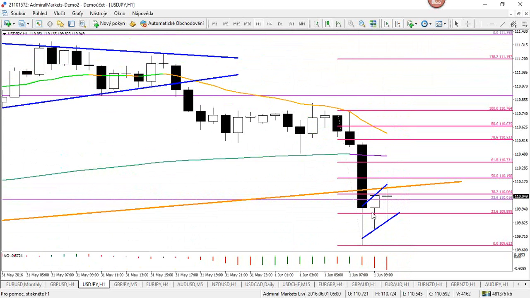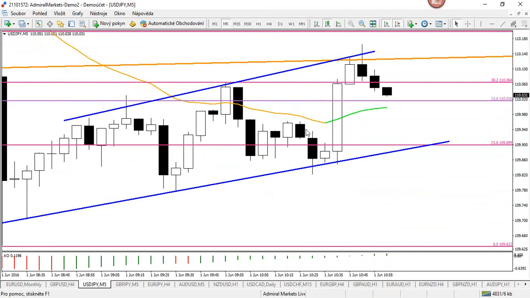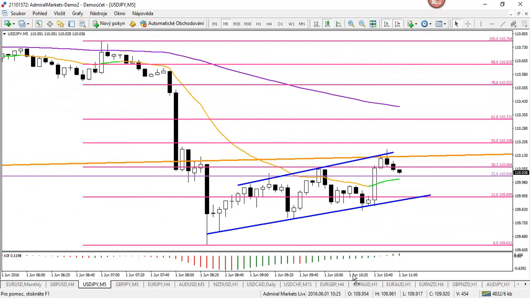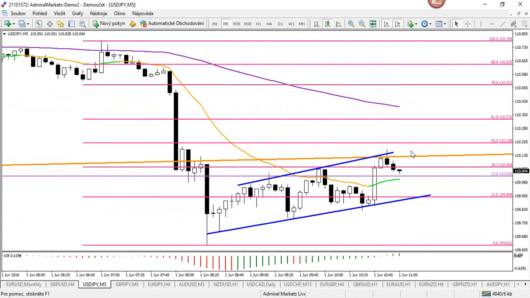All right, this should be soon. There we go. Doji. It could be a short, but maybe I'd rather still wait, probably.